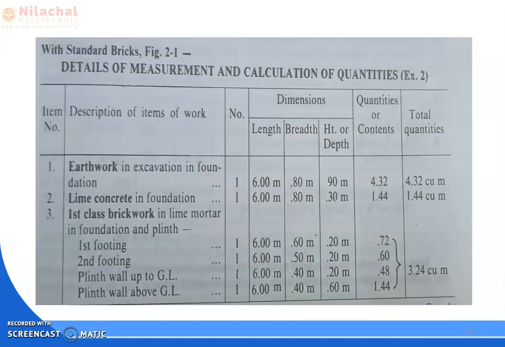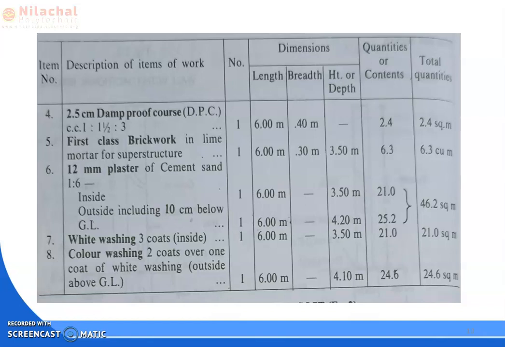So the length of DPC is 6 meter and breadth is 0.40 meter, equal to the plinth wall width. Then the quantity is 1 into 6 into 0.4, and we get 2.4 square meter.